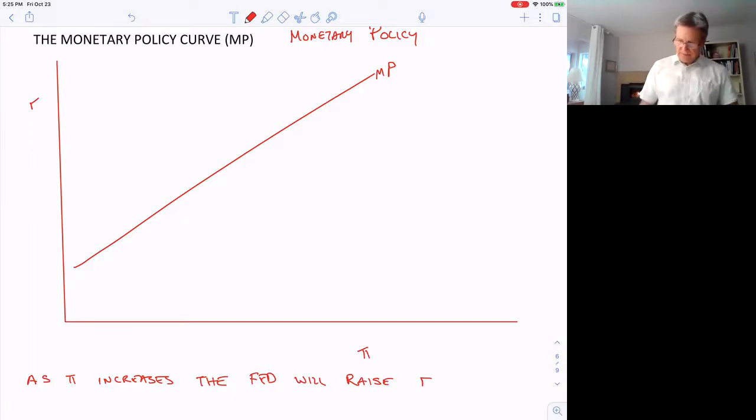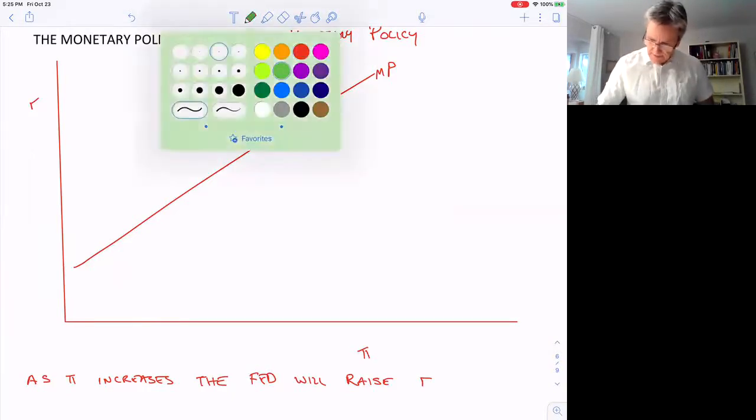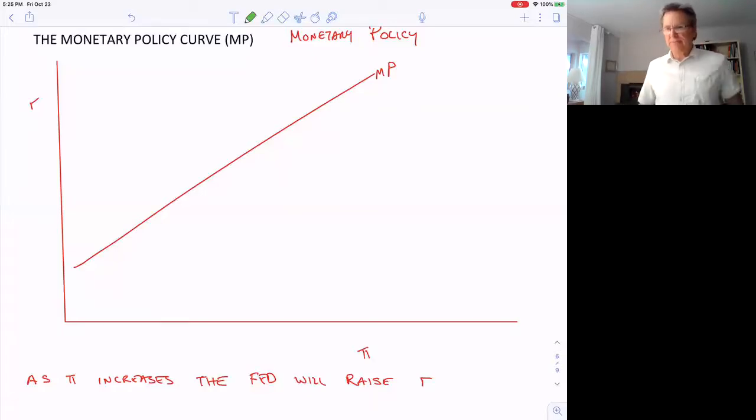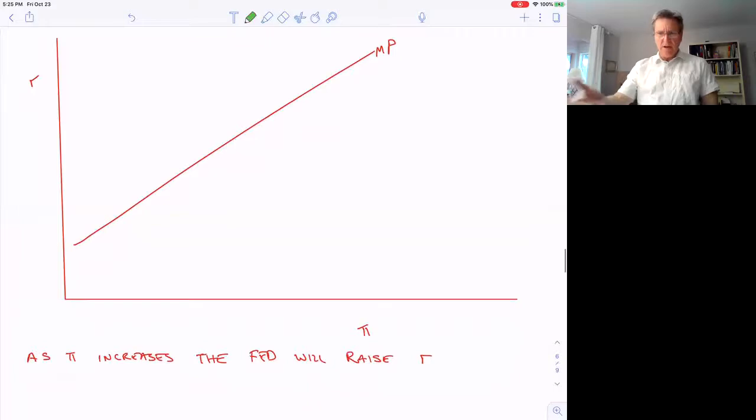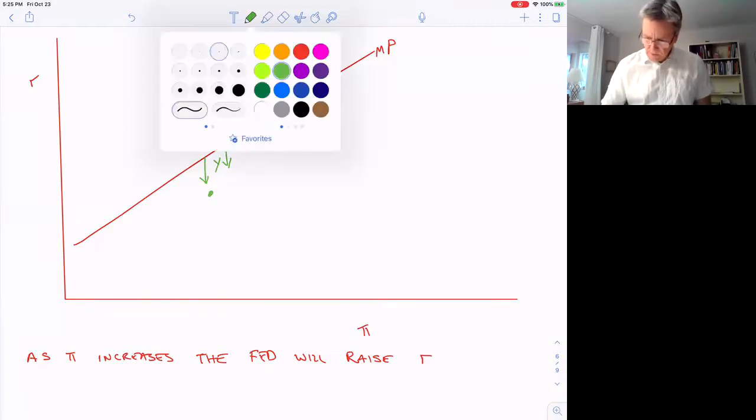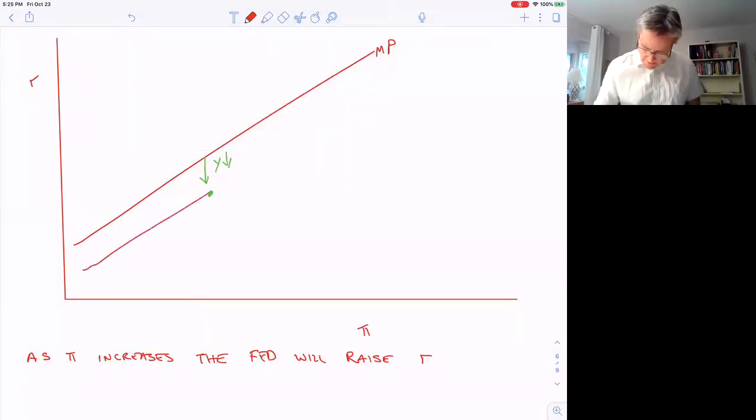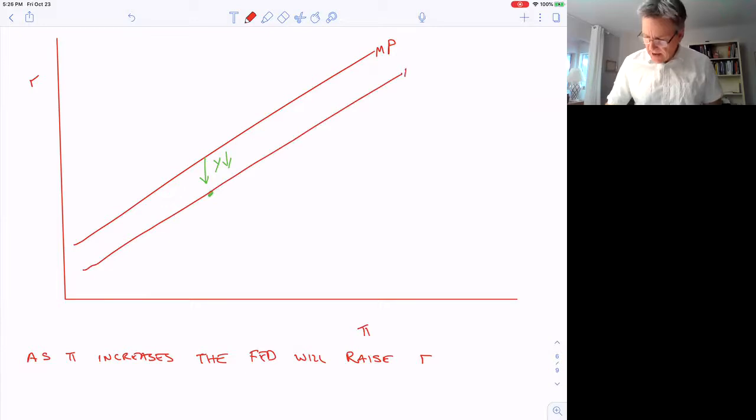Now, what happens if employment falls, GDP falls? Well, if GDP falls, the Fed wants to lower interest rates. So to be able to put this all on one graph here, what we'll do is say that if Y falls, the Fed is going to lower the interest rate down to here, which means that it's essentially a shift of this entire MP curve downward.